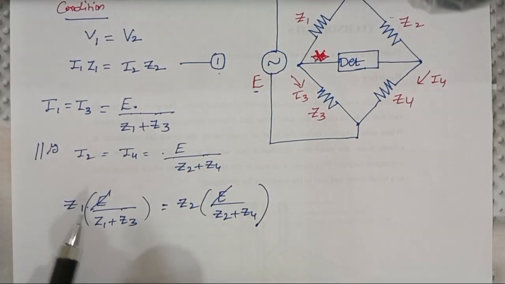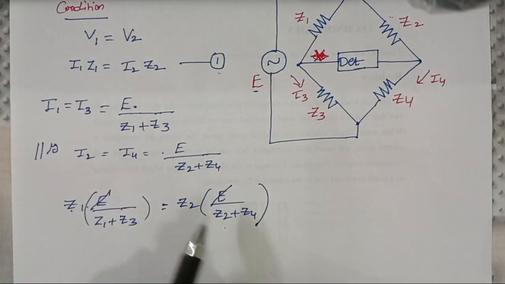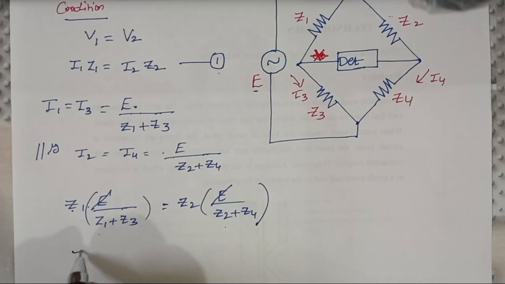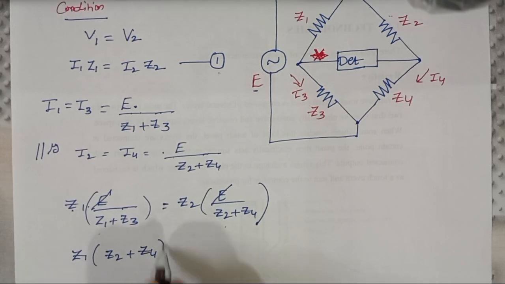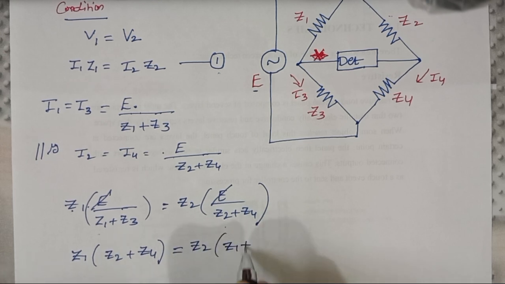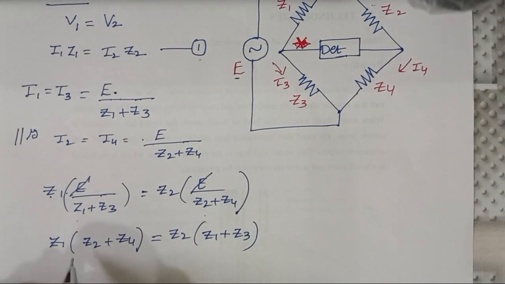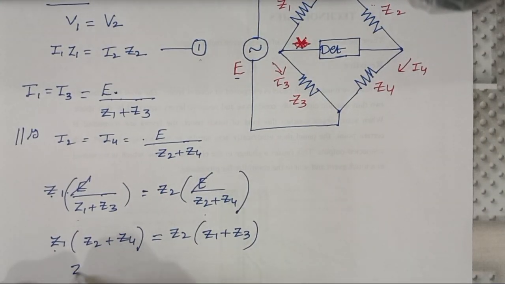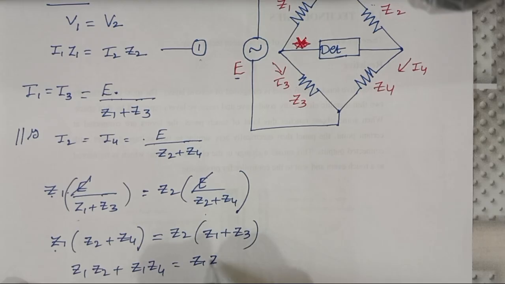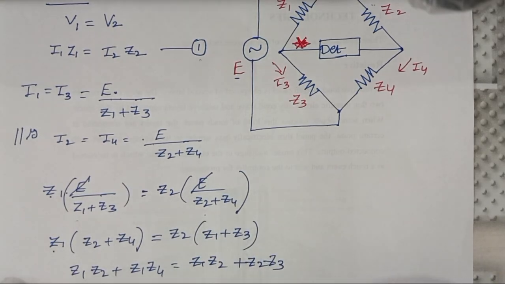So Z1 into Z2 plus Z4 equals Z2 into Z1 plus Z3. By multiplying, Z1 Z2 plus Z1 Z4 equals Z1 Z2 plus Z2 Z3.